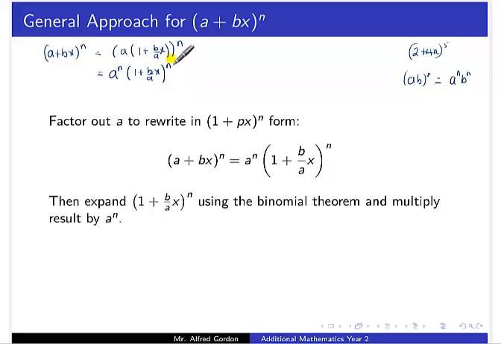Now let b over a be equal to p, so that we can write this expression as a to the power n in a bracket 1 plus px all to the power n.